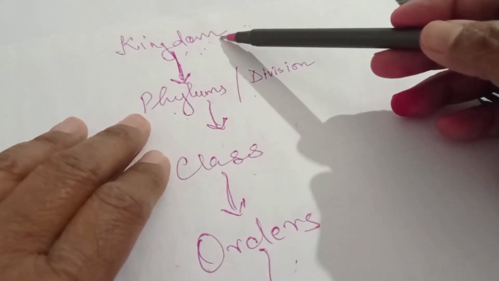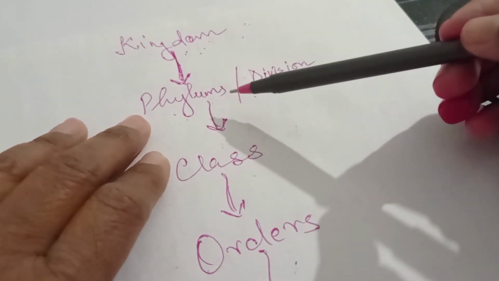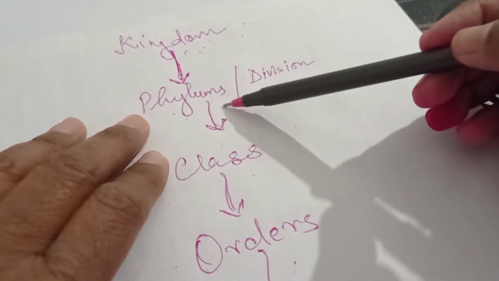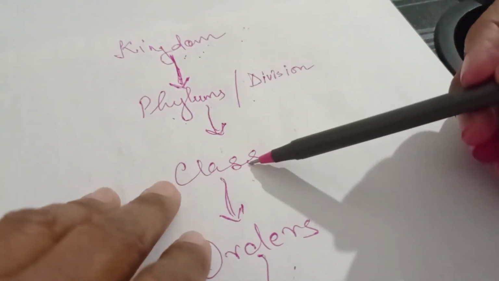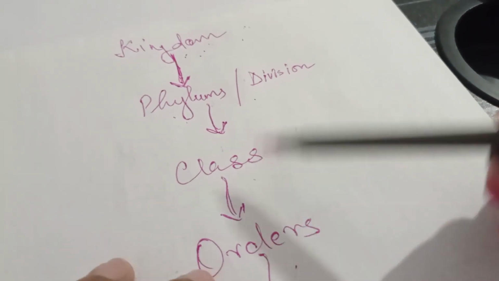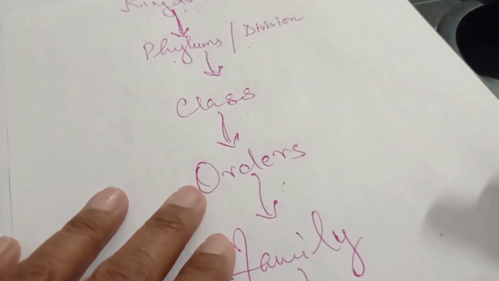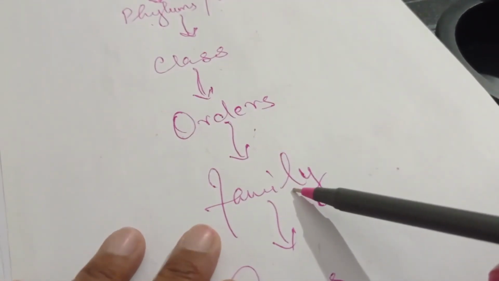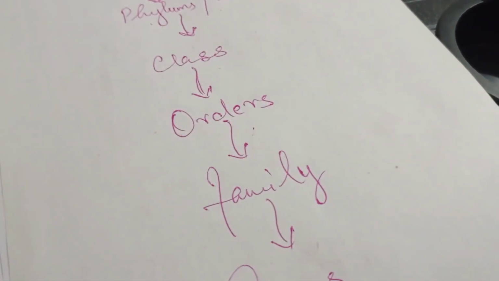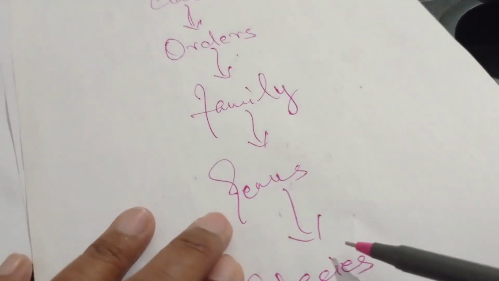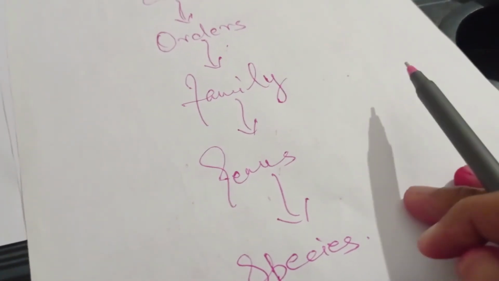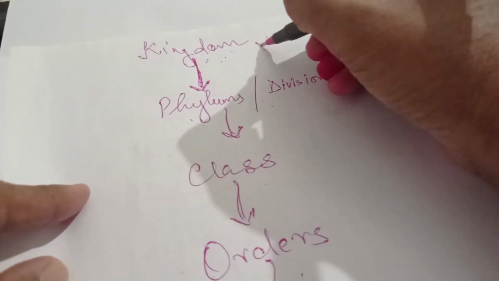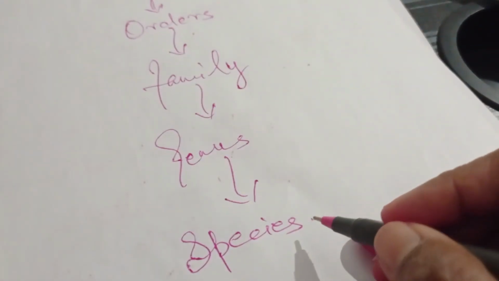Each kingdom comprises many phylums or divisions. Each phylum contains many classes, each class contains orders, each order contains many families, a family contains genera, and a genus contains many species. So the largest, topmost, biggest unit of classification is kingdom.